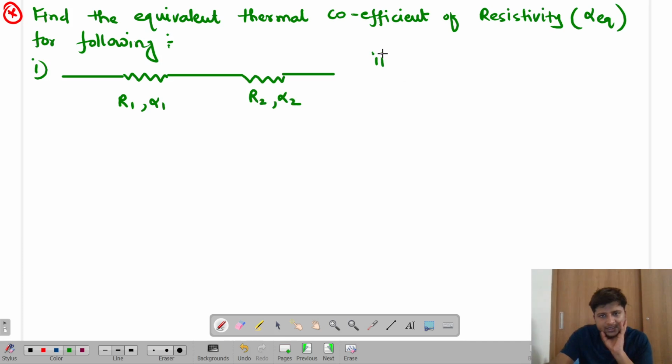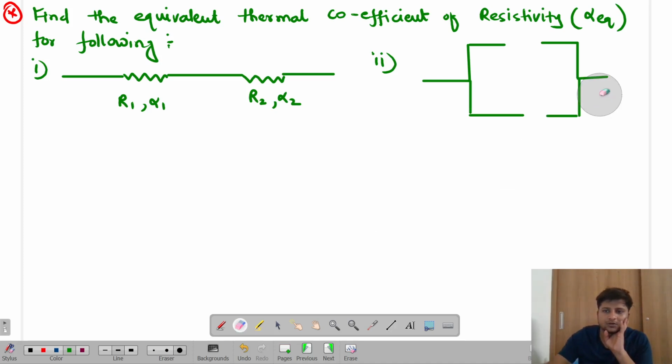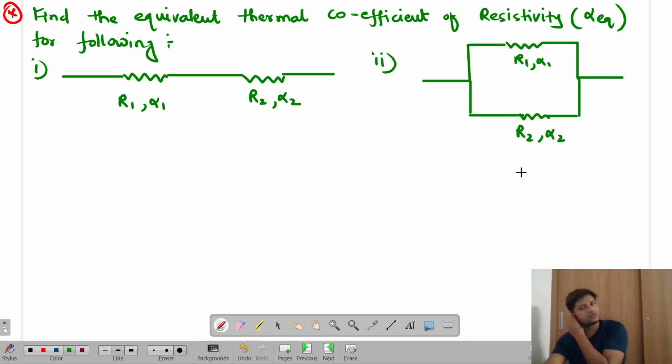Second case is both are connected in parallel, R1 alpha 1. Find the equivalent thermal coefficient in both cases. Is that clear?